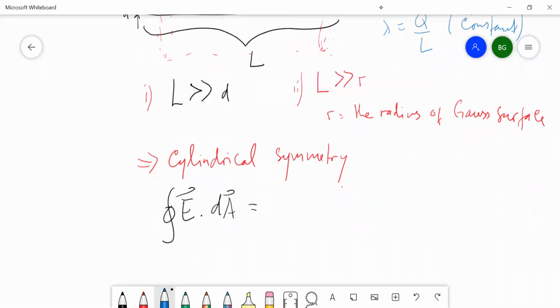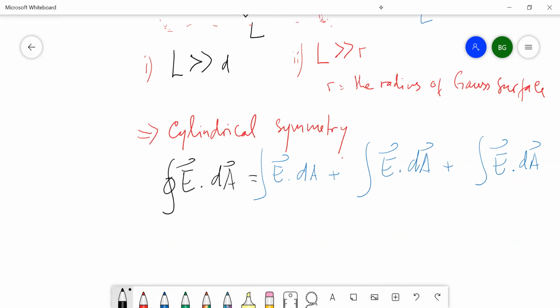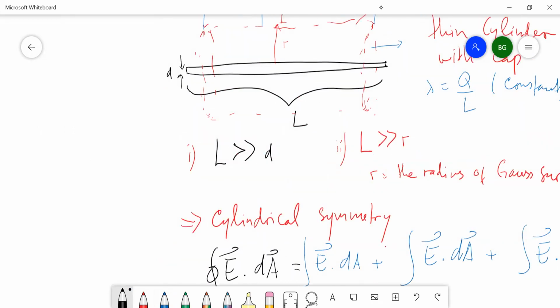So this should be the integral of E, plus the integral of E. The first term is the first cap, this cylinder cap here.